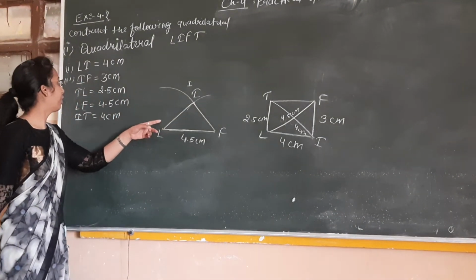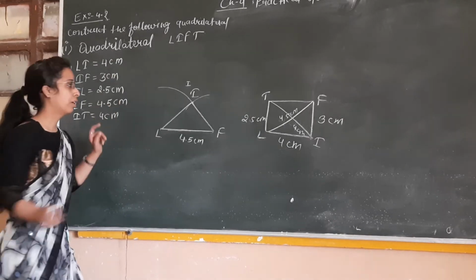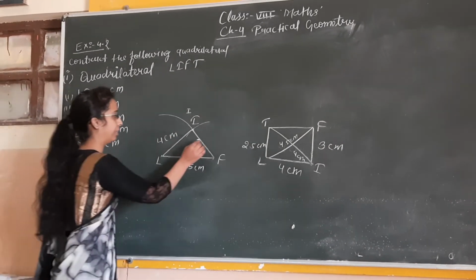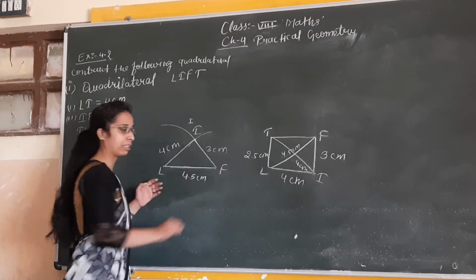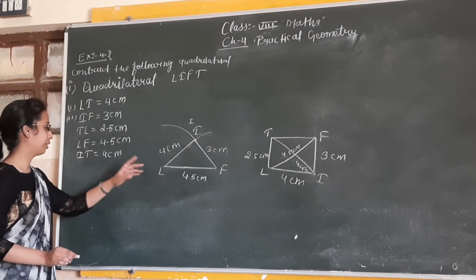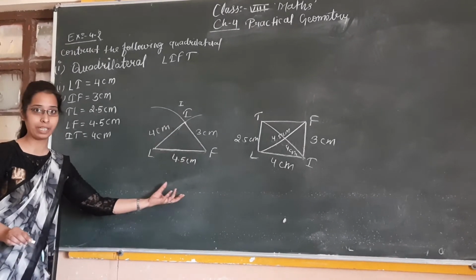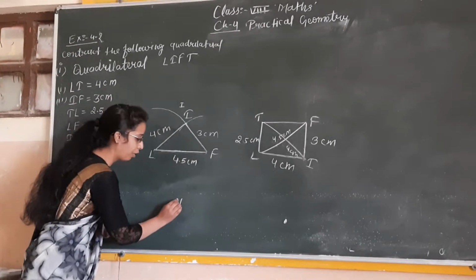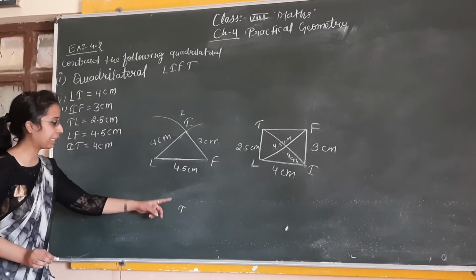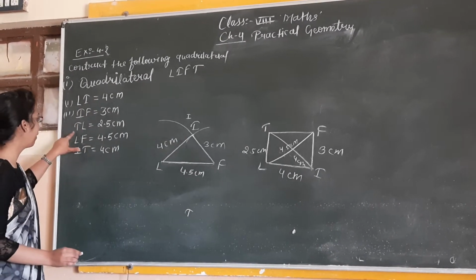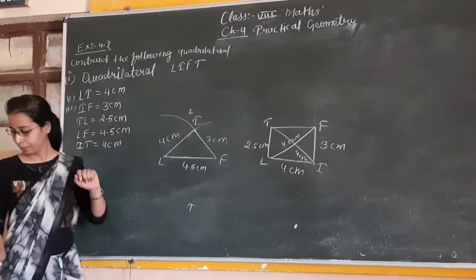What is the measurement of LI? 4 centimeter. And IF is 3 centimeter. Is it clear or not? After that, the remaining point is T. So we have LT, FT and IT. TL is given as 2.5.